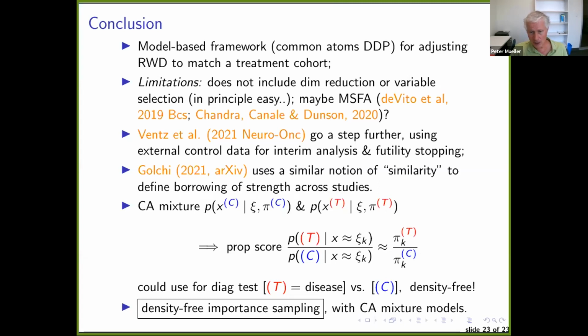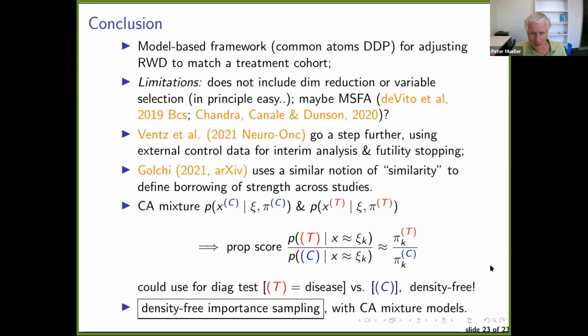So my cheap answer is that it is not allowed to happen. A little bit more serious answer, we added it as a constraint in our common atoms mixture model. This is similar to the usual assumption that the propensity score is bounded away from 0 and 1. You need overlapping support of the two populations.